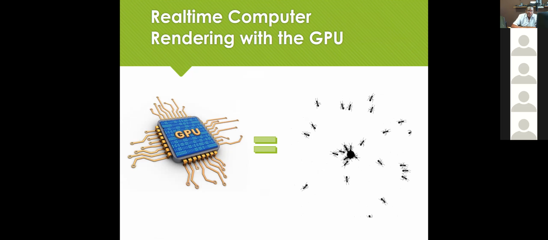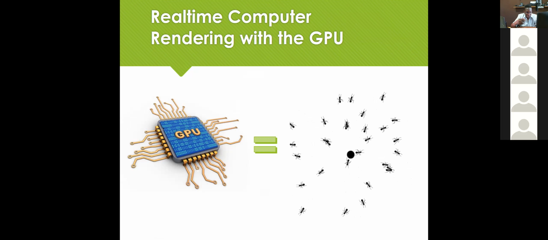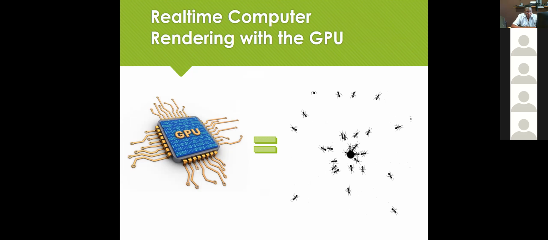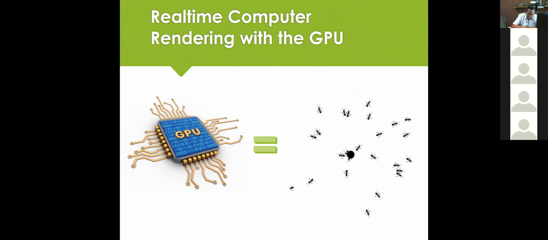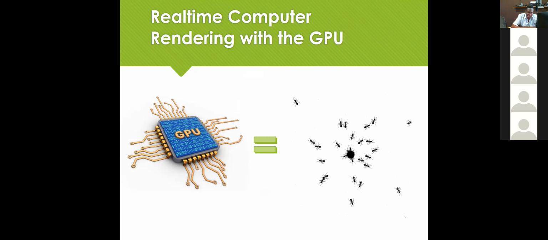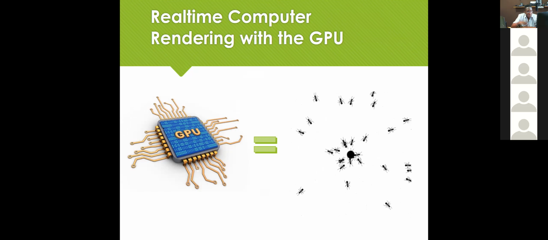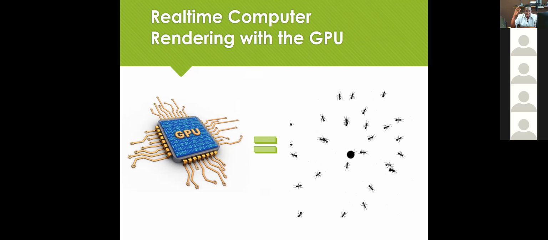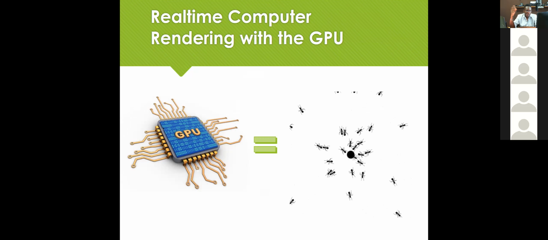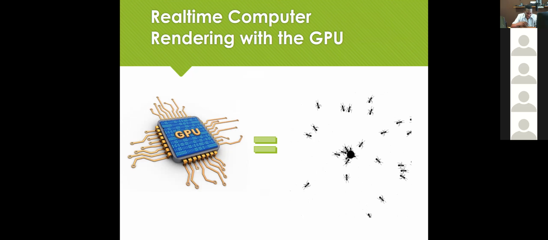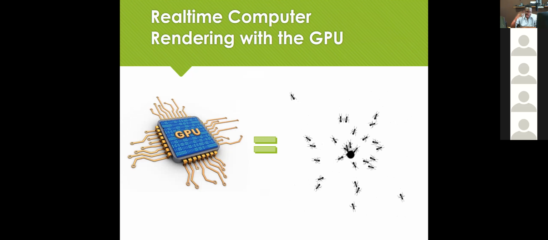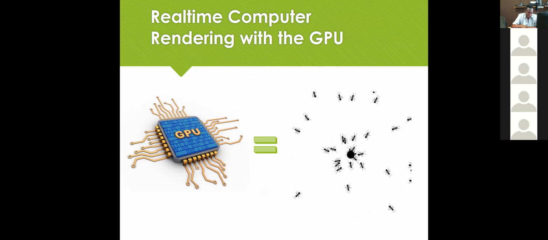However, I don't know if anybody has ever seen on National Geographic how worker ants work, how all of them work together and do these amazing things. Well, the idea of the GPU is that rather than having this all-powerful brain, this i7 or i9 or whatever the latest processor is, how about having a combination of little tiny brains that work together?